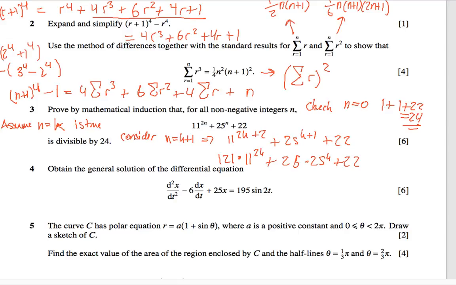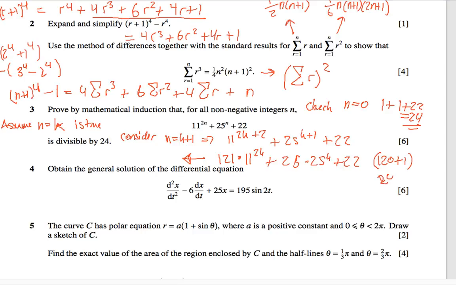Now let's see if we can write this in a form that makes it look like it's divisible by 24. Okay, and let's just observe that 121 is 120 plus 1, groundbreaking, and 25 is 24 plus 1.